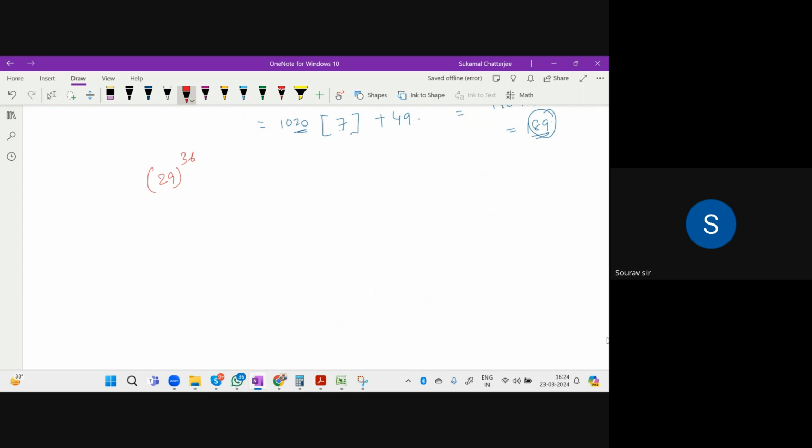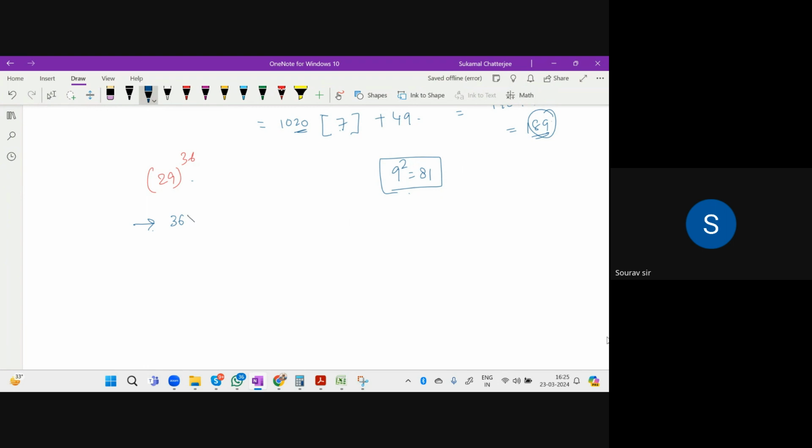So what should I do? What should I utilize here? 9 to the power 2 is 81. Again, I'm using 9 to the power 2, which is nothing but 3 to the power 4. So that means, again, I'm going to use the last two terms.